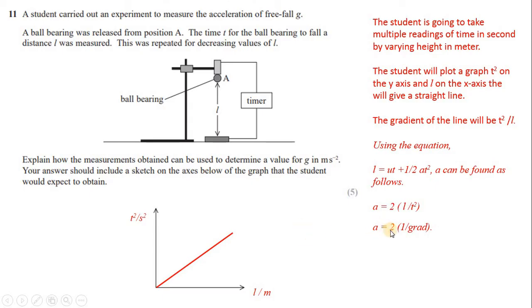Acceleration will be 2 upon the gradient, because in this answer I took t square on the y-axis and L on the x-axis. You can flip it. If you flip, then these two will be changed. This is L, sorry, L.